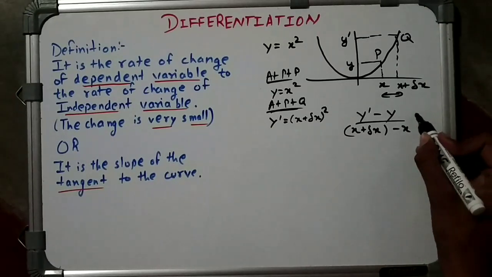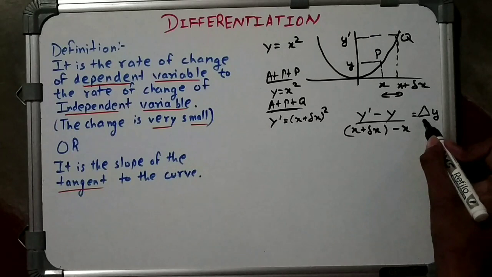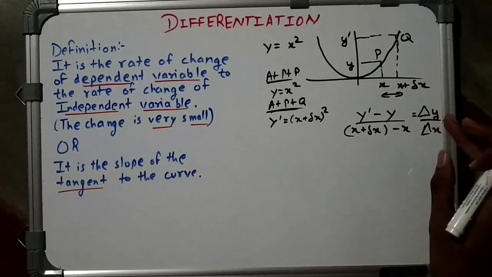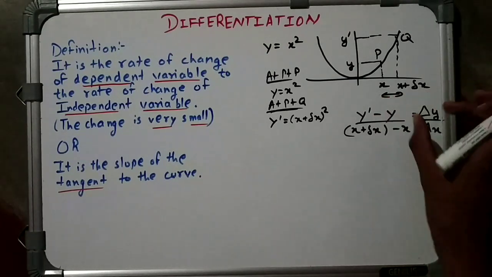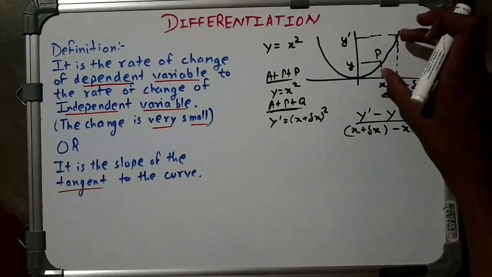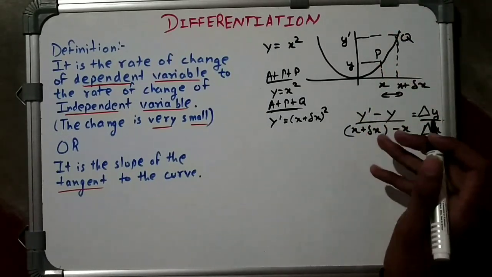Now here this actually depicts the larger change, del y upon del x. Del represents a change which is a bit large, which is not small. Okay, because del x, you can probably see here, point P and point Q are far apart, right? So let's solve this.